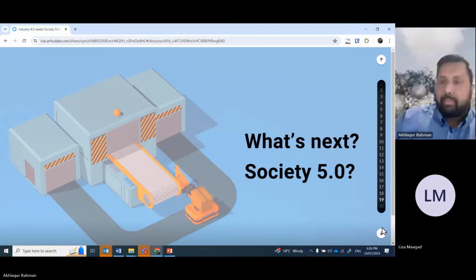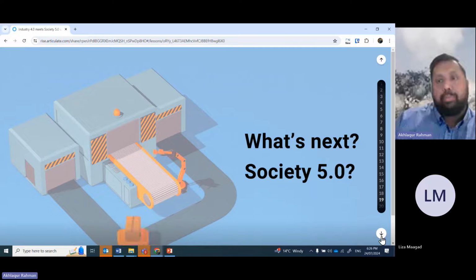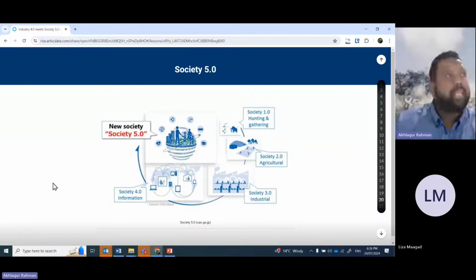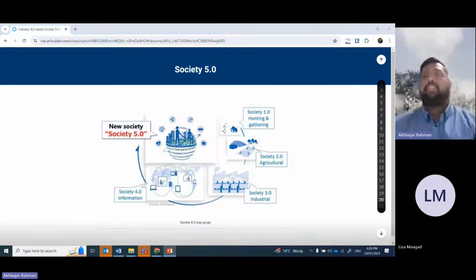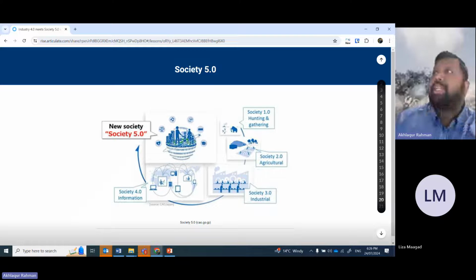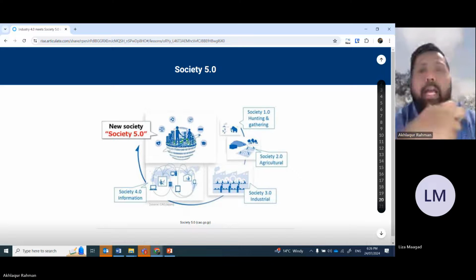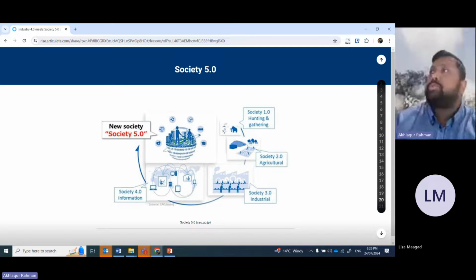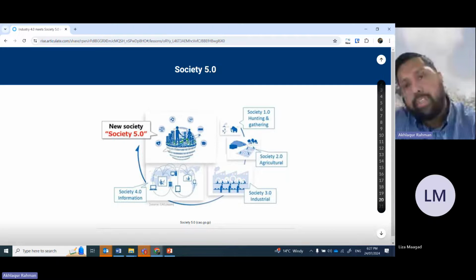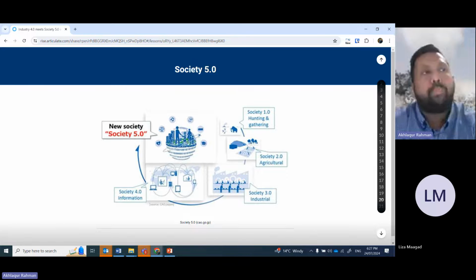So what we are going to be talking about is Society 5.0, and this is a very interesting idea. When we say Society 5.0, the best way to explain it is that it's basically a concept, first proposed by the Japanese government.